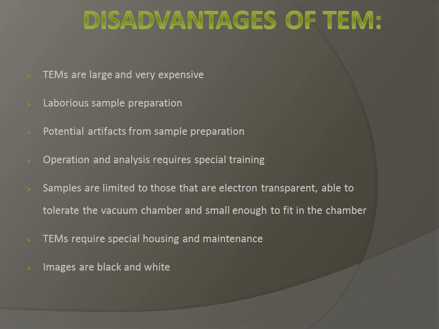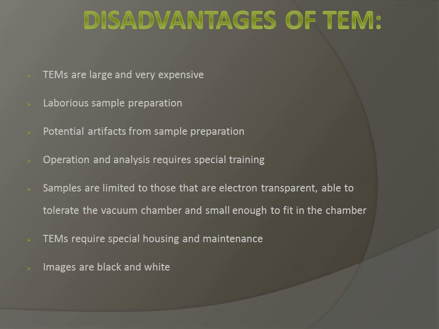Every material has its own disadvantages too. It is very large and expensive, so it is somewhat tedious to have it in our laboratories. Operation and analysis require special training. Training is required to analyze the sample using this particular technique. The samples are limited.